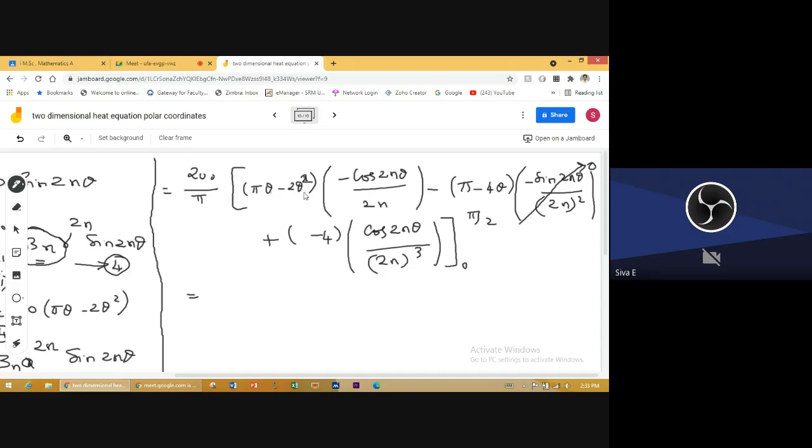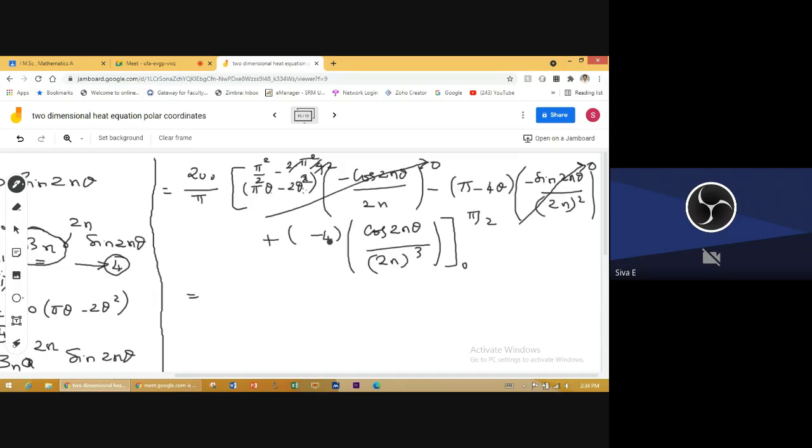Pi by 2 gives pi square by 2 minus 2 times pi square by 4, so once again you will get pi square by 2. Therefore, the whole thing will be 0 for both upper limit and lower limit. So both terms are 0, only the last term is there.